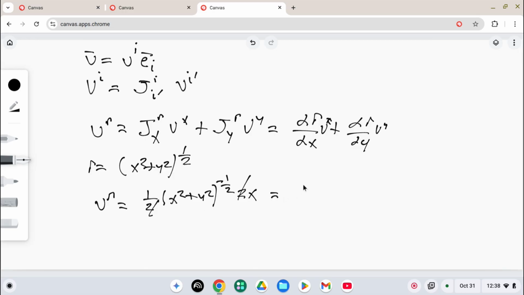And we get x over the square root of x squared plus y squared. And that's just r. So we got x over r. And what's x? That's from the slide, r cosine theta over r. So we just get cosine theta.